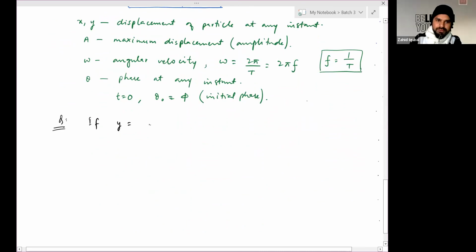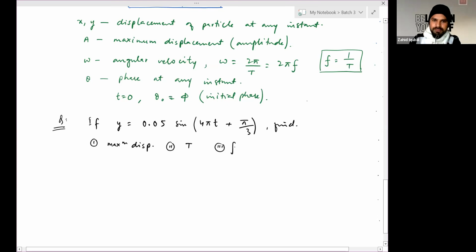If y equals 0.05 sine (4 pi t plus pi by 3), find first maximum displacement, second time period, third frequency, fourth initial phase, and fifth displacement at t equals 1 by 8 second.